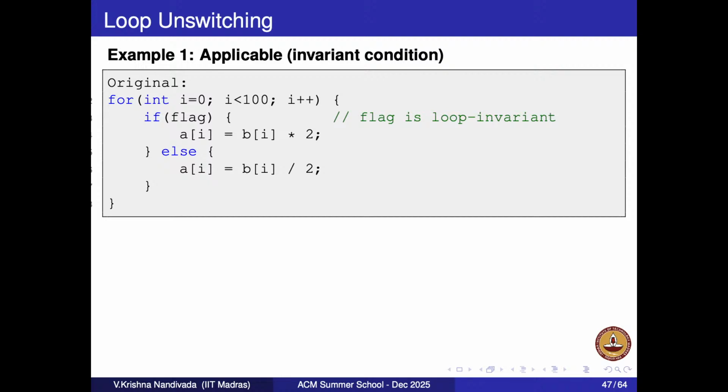But I don't know the value of flag. Absolutely. If you look at this loop, how many times am I checking the branch? Pay attention, how many times am I checking the branch condition? 100 times.